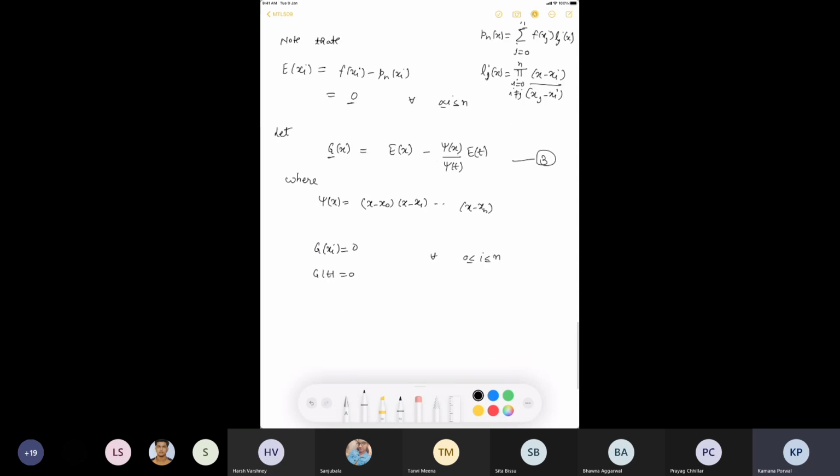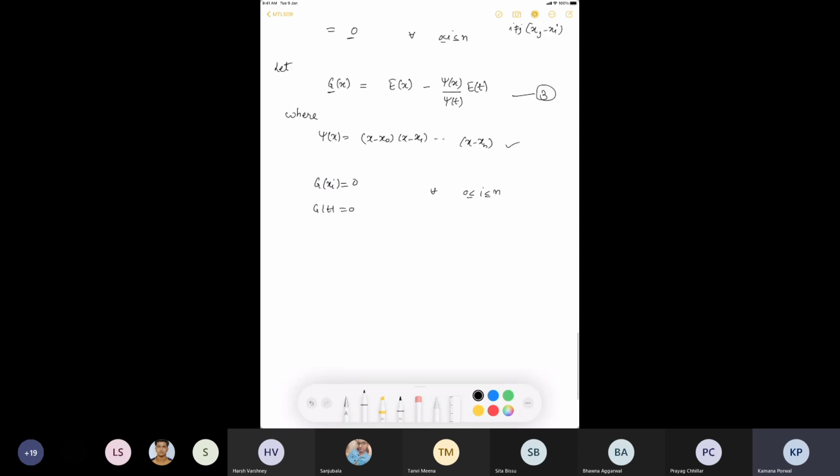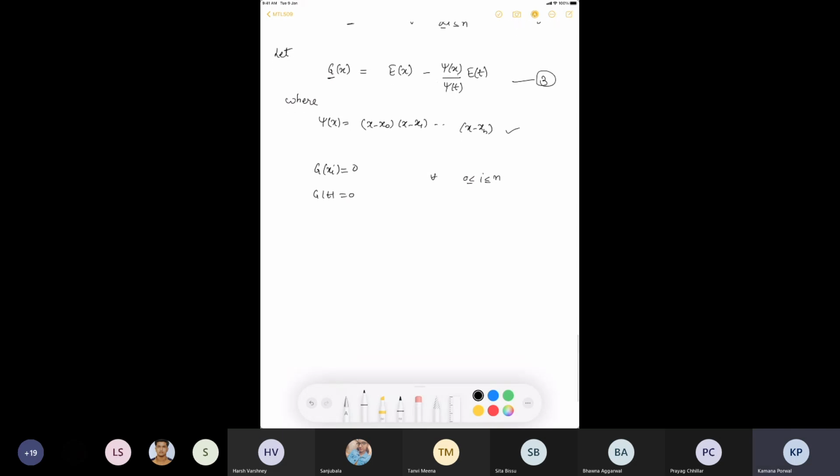And psi of x is also a polynomial, so this is also n plus 1 times differentiable. So this means that g is also n plus 1 times differentiable.